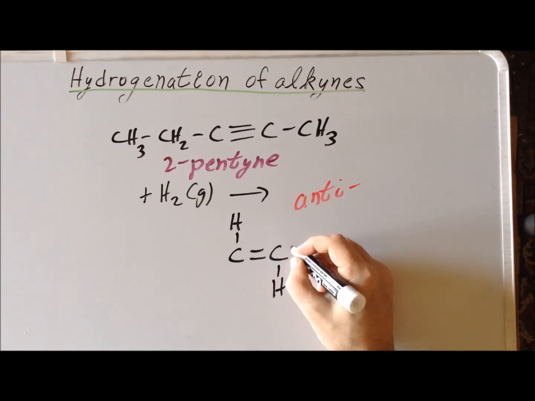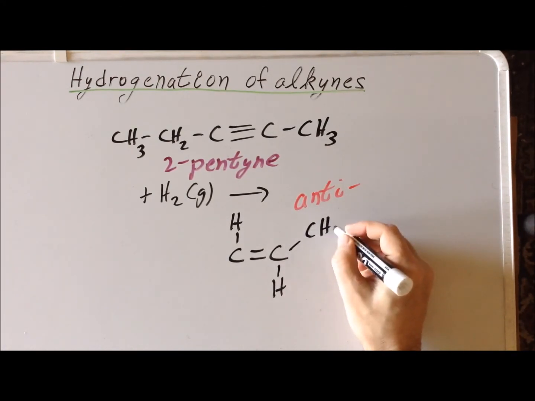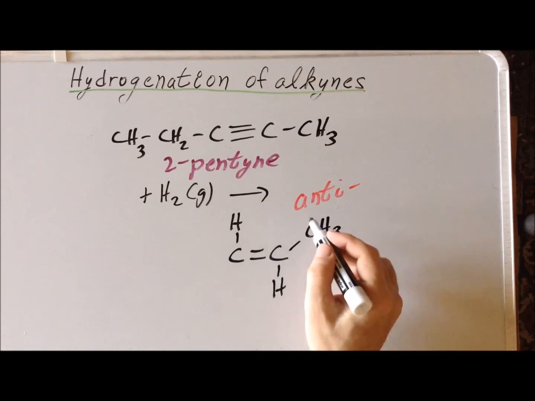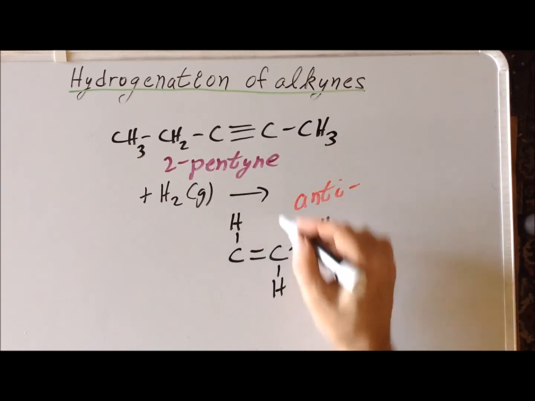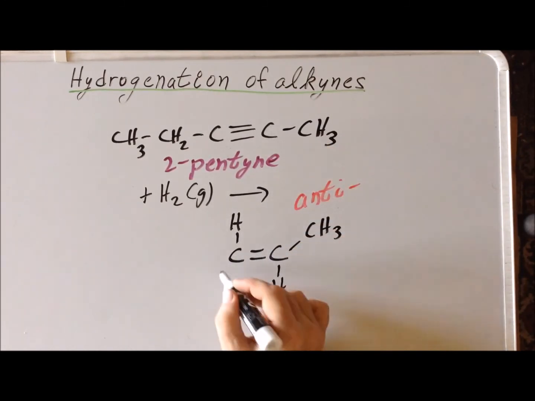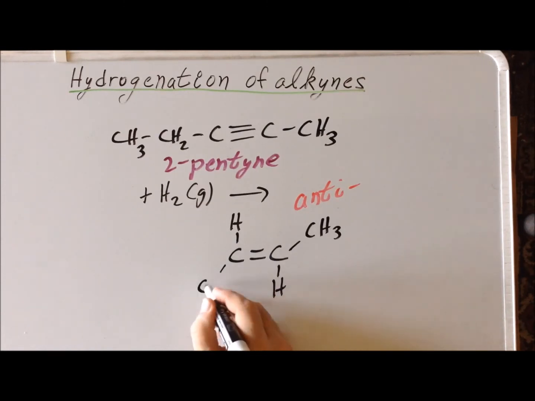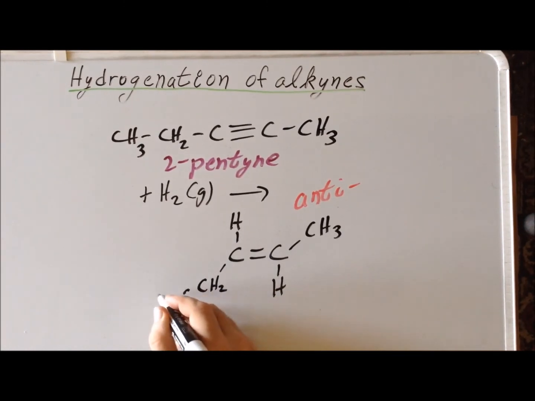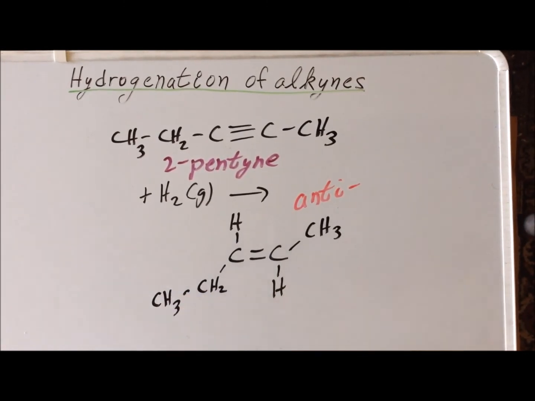And let's fill in the rest of the resulting product. We have the methyl group above the carbon-carbon double bond, whereas the ethyl group is going to be on the other side. So now we have 2-pentene, but in the trans conformation.